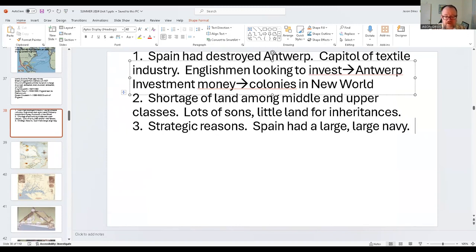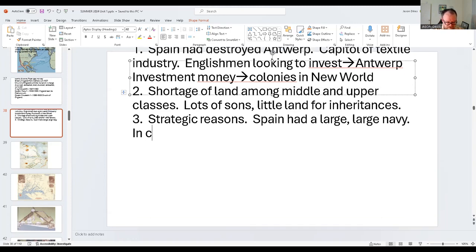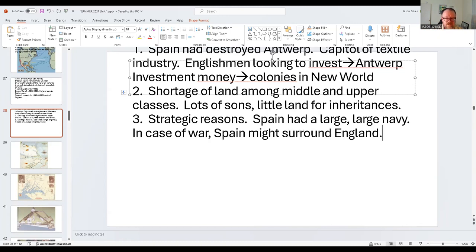There was also a chance of war breaking out between England and Spain literally at almost any moment. Now, eventually, England and Spain will go to war, but the threat is constantly there. And if Spain has a large navy, Spain might surround England.